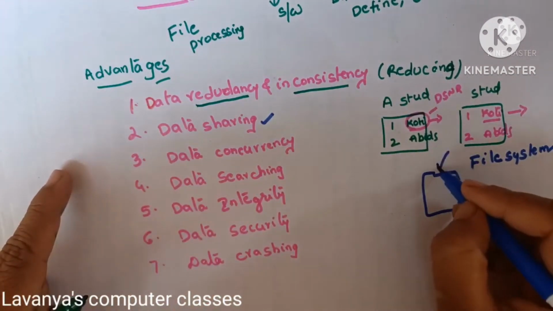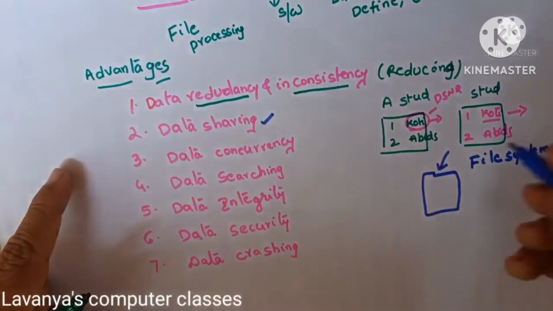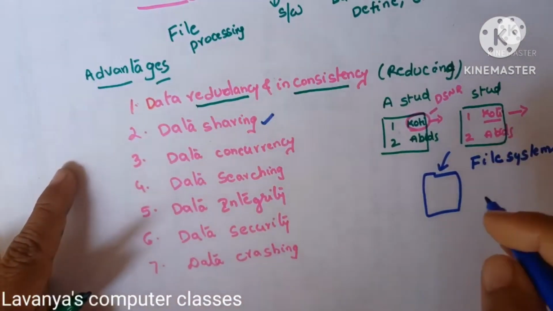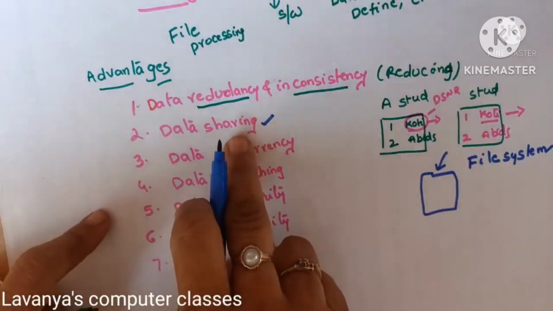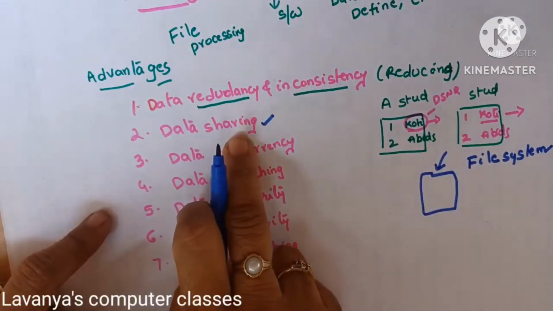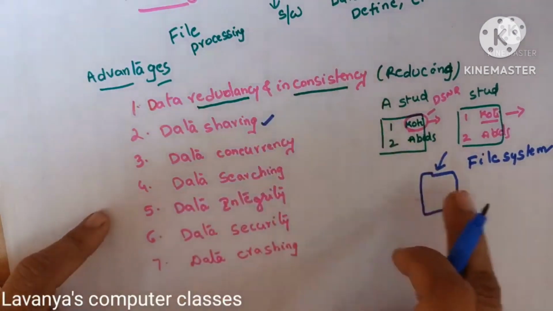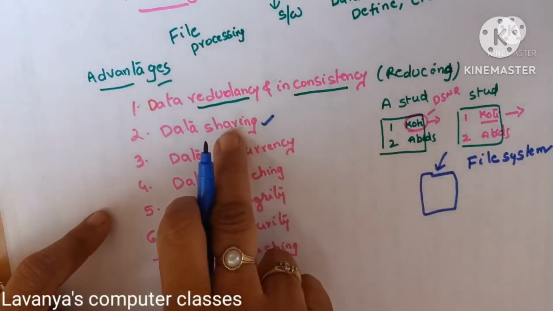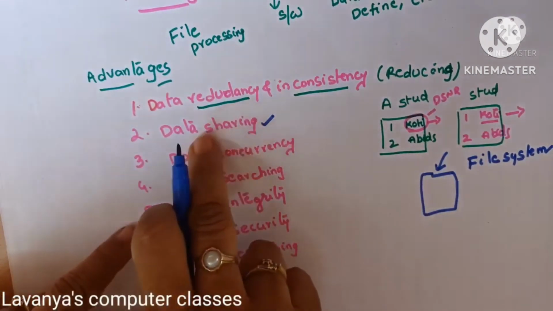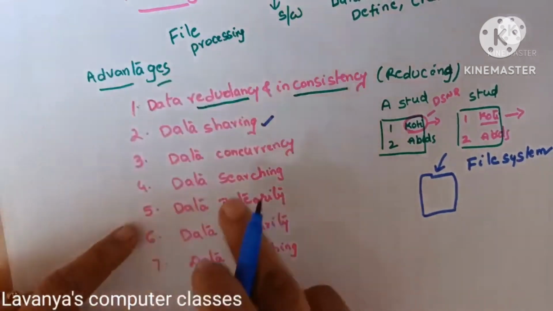All information is stored in one place and all users use the same database. That's why data sharing is improved, because data is not repeated a number of times. All the data is stored in one place. That is what is called a database. So more users use the same database, and automatically sharing is increased. So that is also one advantage of DBMS.